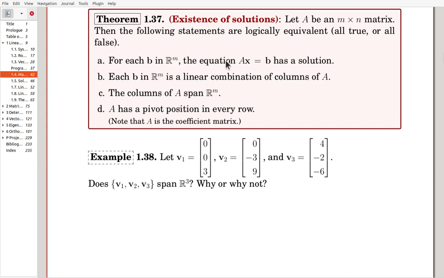Checking statement A means for every choice of B we have to do it, so it is a little bit cumbersome. So let's try to use another one. Once we check this one and it is true, then that must also be true, right? The question is related to statement C. Now we are checking statement D because it's simple.